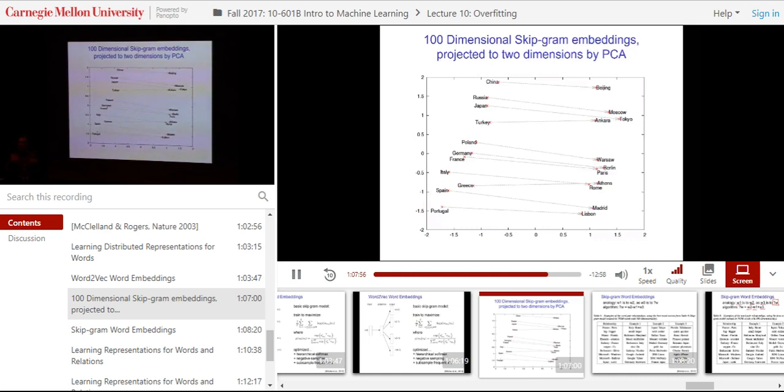So there's some interesting semantics coming out of these learned vector representations, that it's almost like there's a vector algebra that you could start at any of these countries and add in a vector in this direction, and it should put you close to, in this case, the capital of that country.